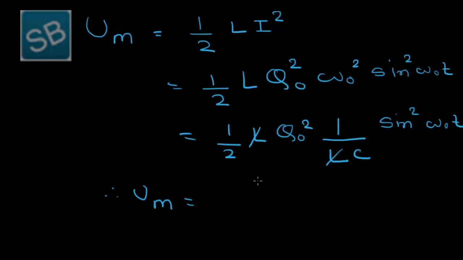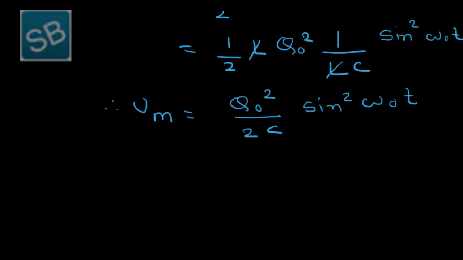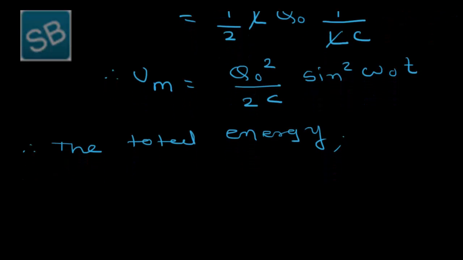Now the final equation for energy stored in the inductor is given by Q0 square upon 2C sine square omega 0 t. And now the total energy we have to find out. And I am denoting the total energy as U is equal to UE plus UM.